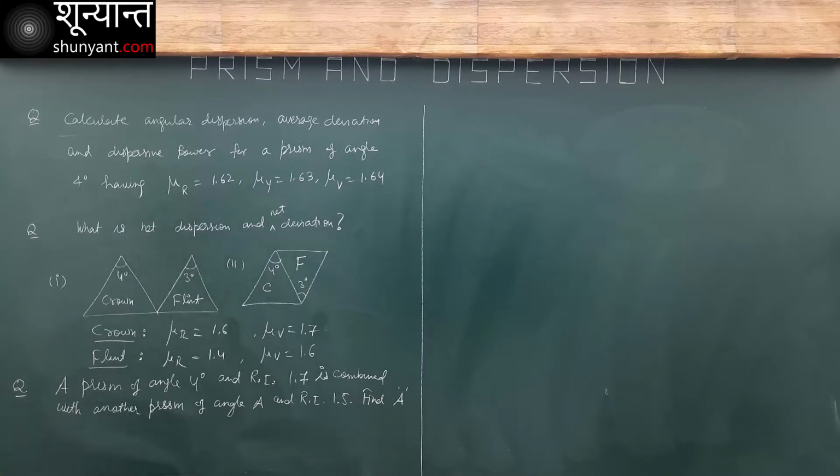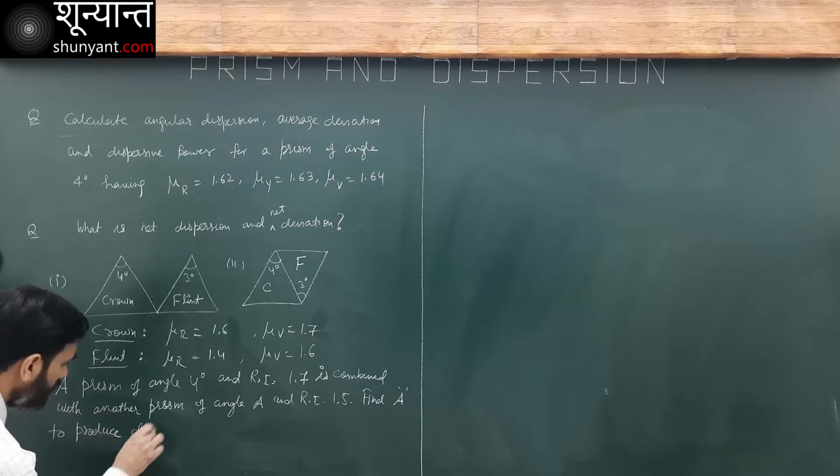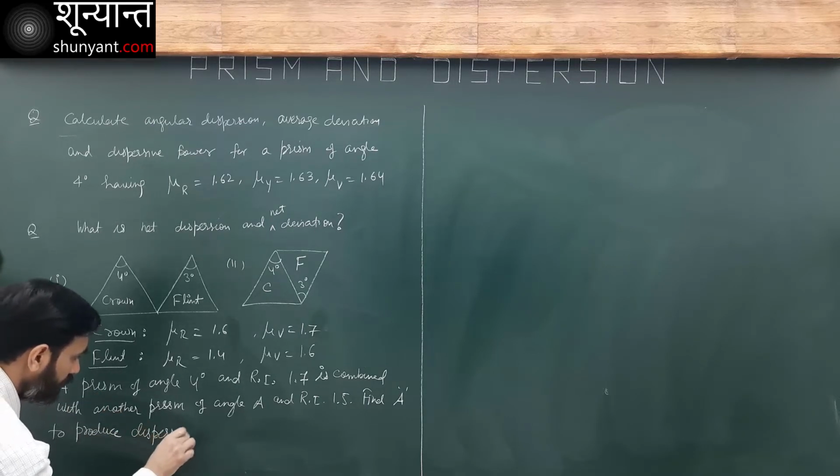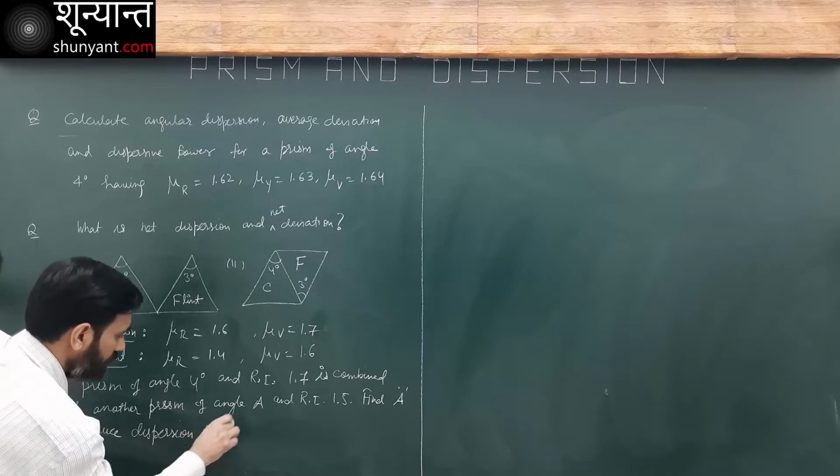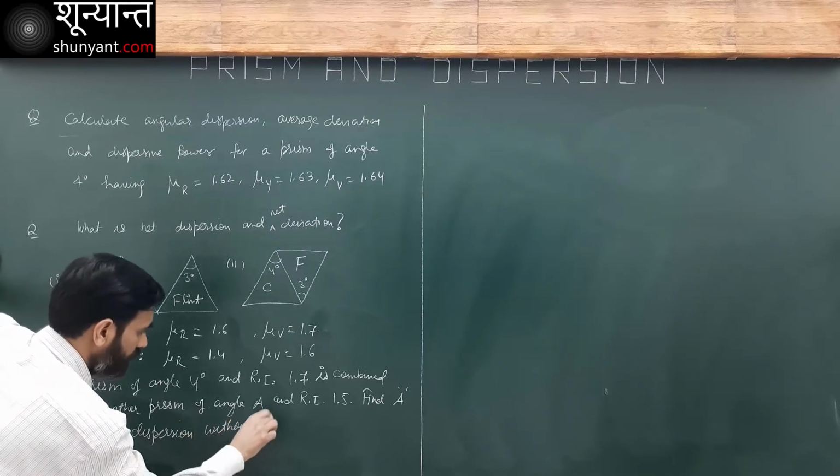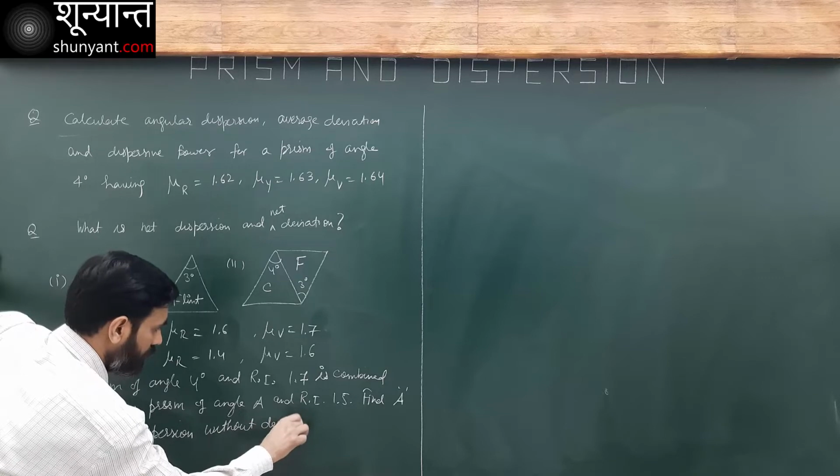I have to find A to produce dispersion without deviation.